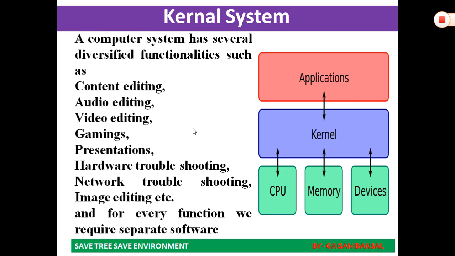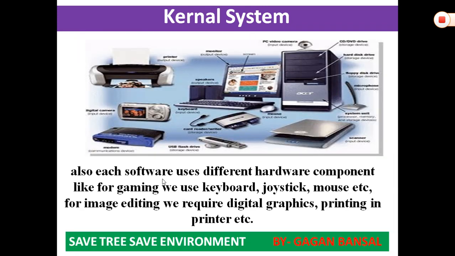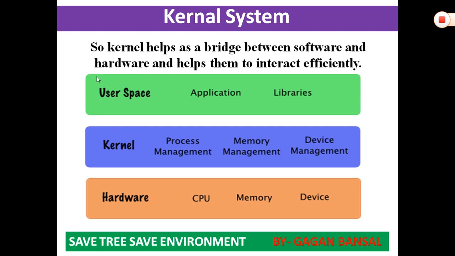As we know, the computer system has several diversified functions as mentioned, and also each software uses different hardware components. Like for gaming we use keyboards, joysticks, mouse, etc. For image editing we require digital graphics, monitor, printing in printers, etc. So the kernel helps as a bridge between software and hardware and helps them to interact efficiently.